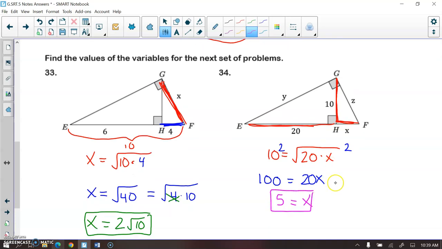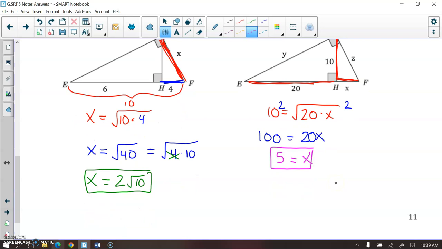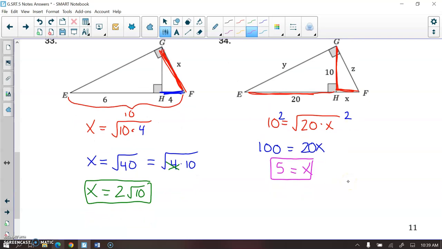Now I can easily find y and z. As x is 5, I can now find my whole hypotenuse, which is 25. And so finding y, I would do y is equal to the square root of the product of my whole hypotenuse, 25, times the side that it's adjacent to, which is 20.